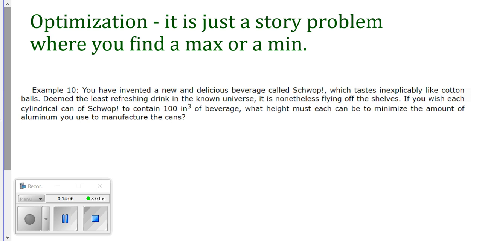If you wish each cylindrical can of Schwab to contain 100 cubic inches of beverage, then what height should you make each can to minimize the amount of aluminum you use to manufacture the can? So you want to minimize your surface area. You're looking for that magical height. They gave you a constraint of the volume, okay? Please pause the video, draw out a picture, see if you can figure this guy out.